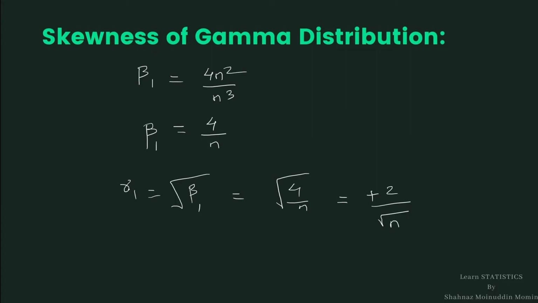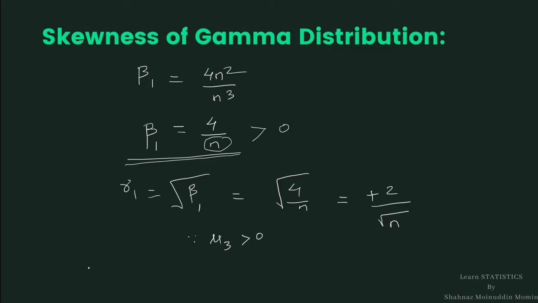Here the sign of gamma 1 is positive, since mu 3 is positive. Further, from the beta 1 we observe that n is a parameter of gamma distribution which is positive and a number 4 is positive. So this ratio is positive.